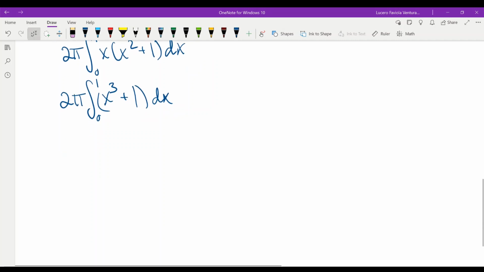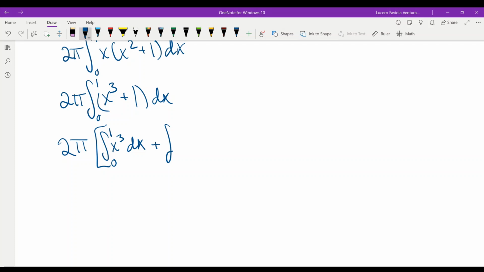I'm going to expand our function just so it's easier to look at and know what we're doing. So we have 2 pi times the integral from 0 to 1 of x cubed dx plus the integral from 0 to 1 of x dx.